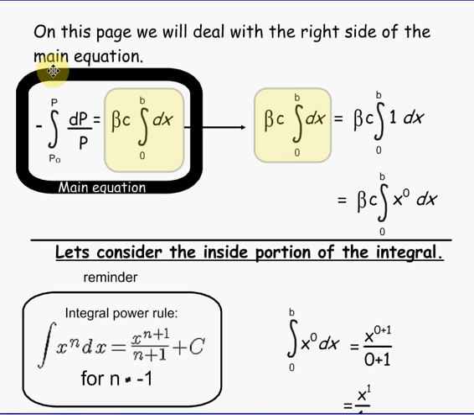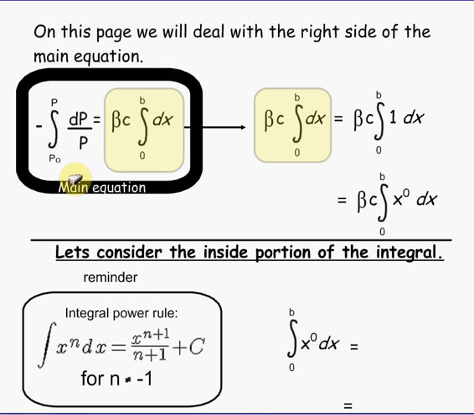So let's work with the equations one side at a time. All right? On this page, we'll be working with the right side of our equation. So on this page, we will deal with the right side of our main equation.